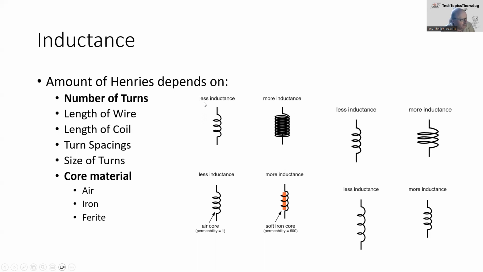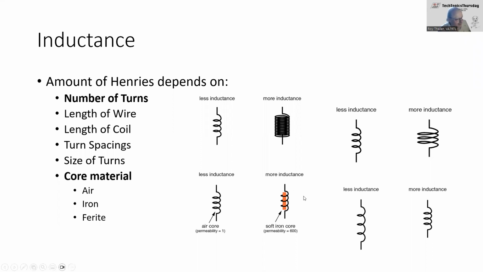But the most important ones are basically the number of turns and also your core material. So if you have an air core, you get less inductance than if you have a ferrite or an iron core right here. And they measure permeability, and the permeability of air is 1, and some of these cores are up to 600, and whether it's an iron core or a ferrite core will determine the frequency response of it.